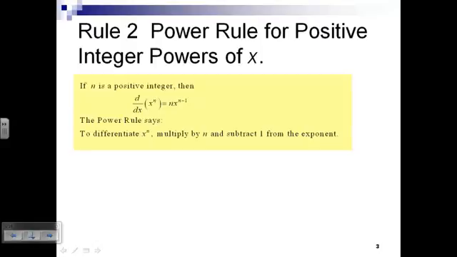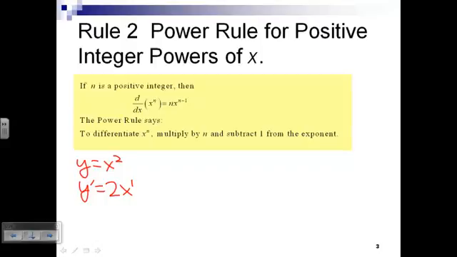Now, how many people knew this rule already as we were going through a bunch of the problems earlier? About half of you? This is the rule that basically says, hey, if I have y is equal to x squared, the derivative function for this is, see, this rule says if you have letter n, like n is 2 in this case, bring the 2 down and then decrease the power by 1.